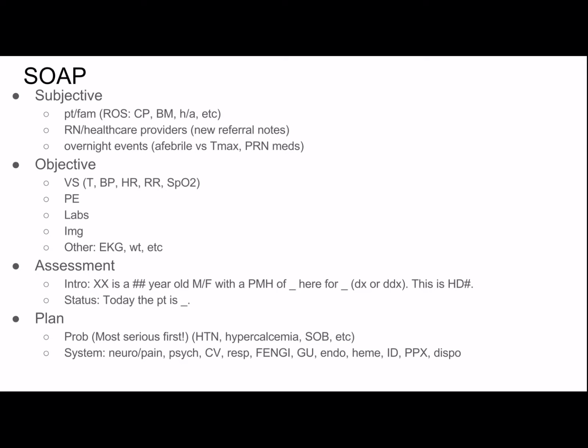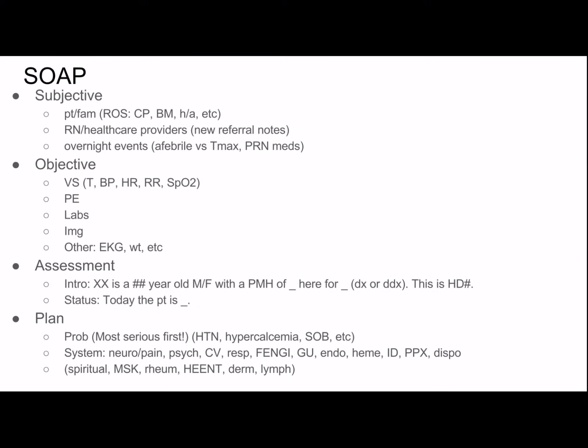So commonly we see different systems listed, including neuro, pain, psych, CV, respiratory, FEN-GI, which is fluids, electrolytes, nutrition, and GI, GU, endocrine, heme, ID, or infectious disease, prophylaxis, and dispo, or disposition.